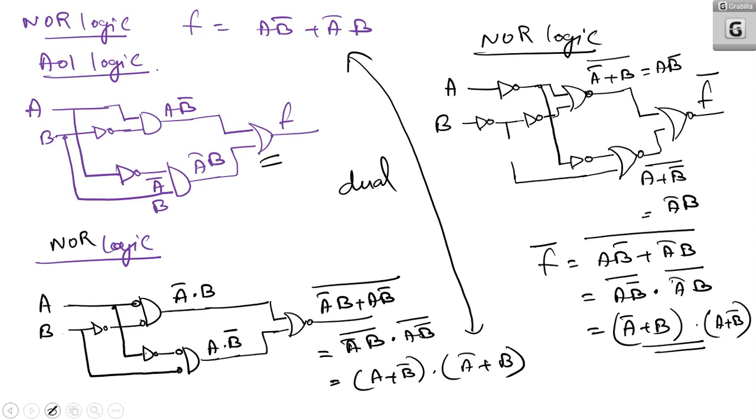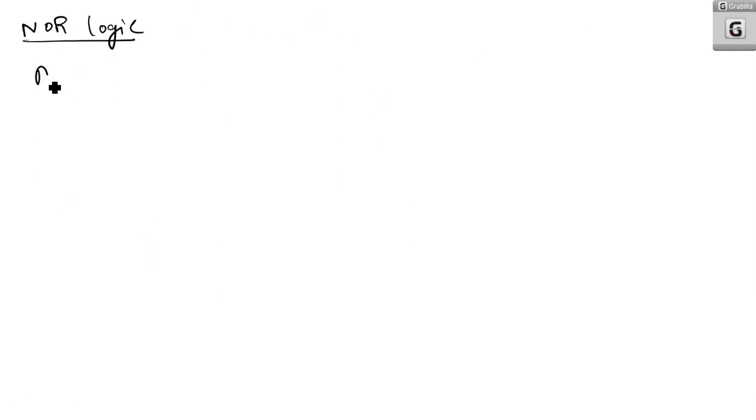Now if you are going into the circuit directly, if you are drawing the entire circuit using NOR logic only, I am dealing only with the circuits and not with the minimization or maximization part. So A is NOTed, so we get A bar.